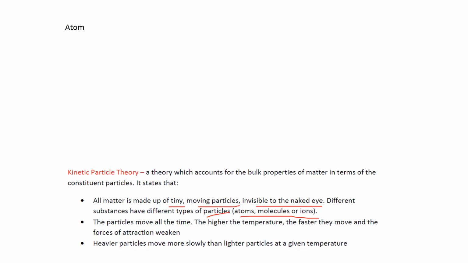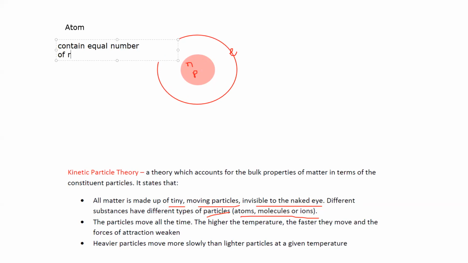And if it has a different number of particles, for example, two protons and one electron, two protons and one electron, what will be the charge here? Because it contains more protons and fewer electrons, the charge will be positive.